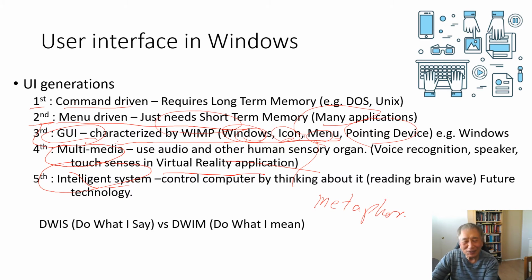So you just think about, oh, I want to search for the best restaurant around here, like that, and it'll start doing it. It's already done, but it's a little more. So instead of do WYSIWYG, do what I say, it can do what I mean. Okay, so that's kind of that can be done.